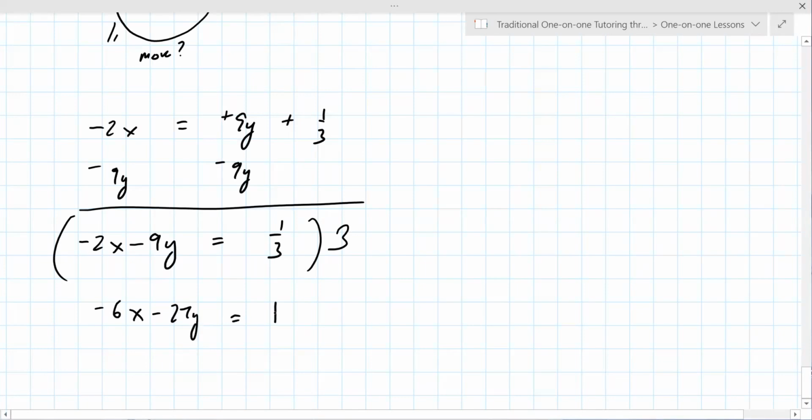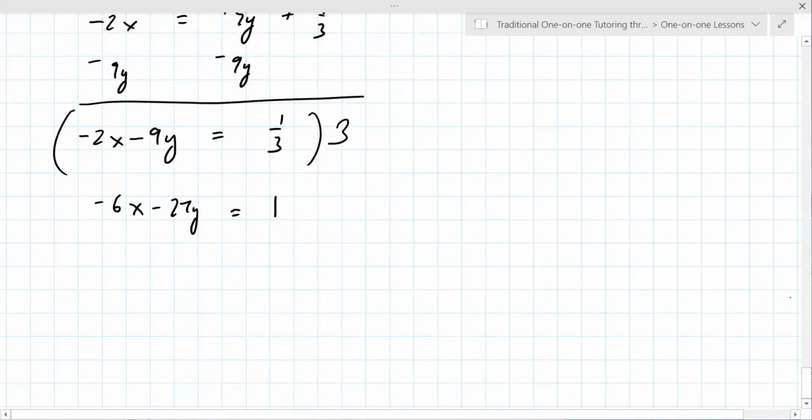Equals 1. Okay, yeah. Okay, this is not in standard form. Why is it not in standard form? Well, x and y are both left of the equal sign, so that's okay. So this is not in standard form though.